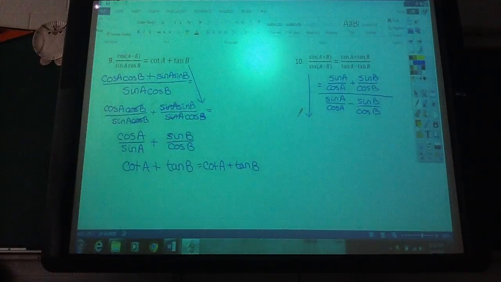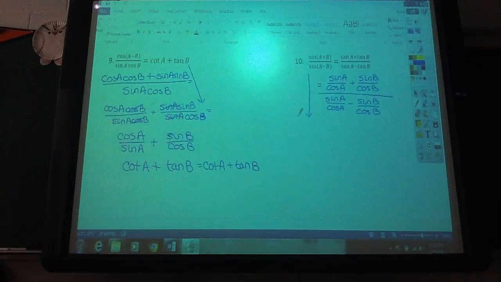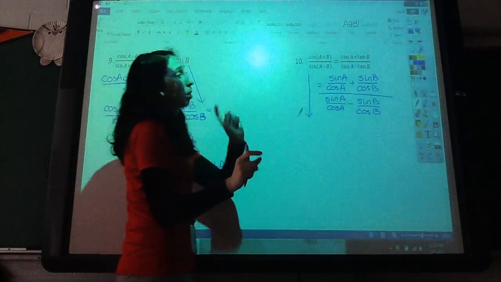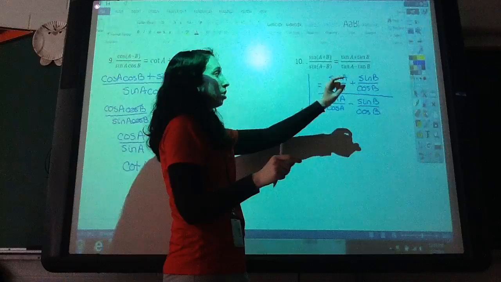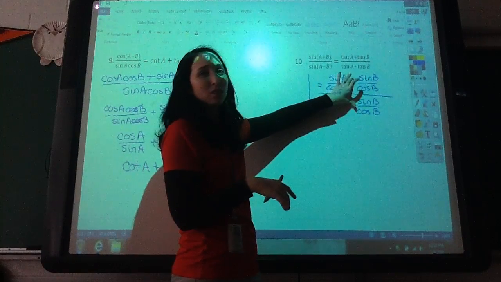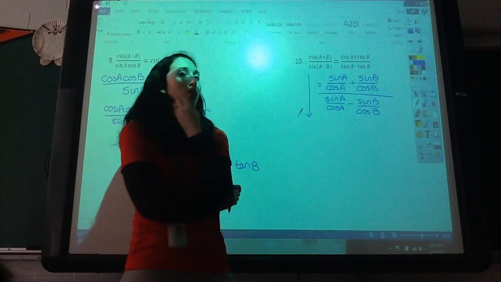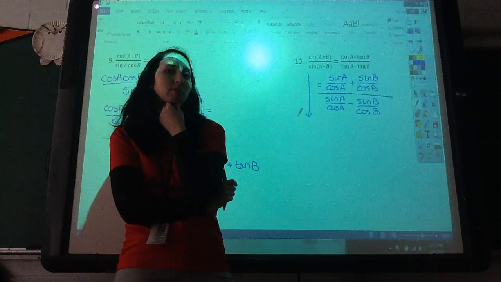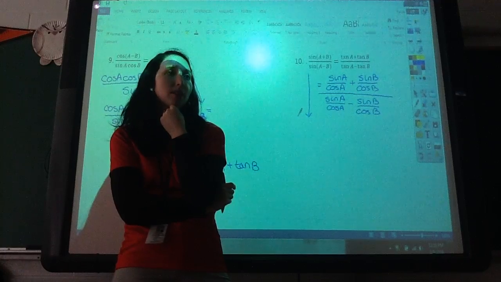What do I do now? You do the switching. I could, the only problem with that is it would involve distribution because of this addition and subtraction. Okay. So how do we get rid of unwanted fractions? You multiply by the denominators.